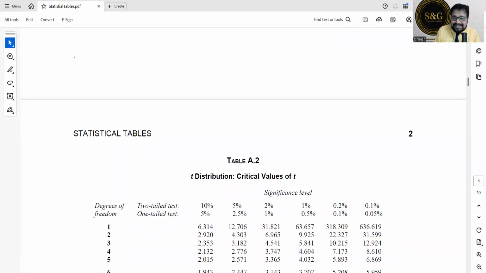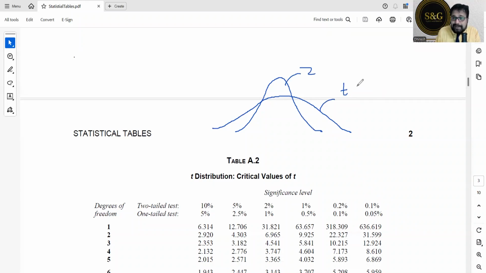Now, there was a statistician whose nickname was Student, who introduced one distribution called the T distribution. It is similar to the normal distribution like this, but a little flatter. So this is called the T distribution, and this is called the Z distribution, the normal.